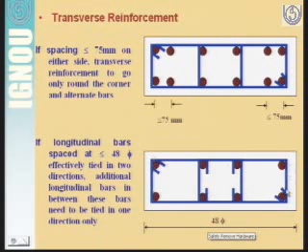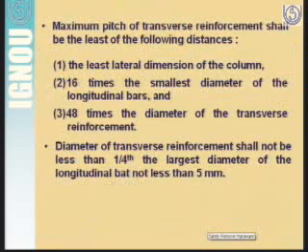Means these bars should be tied in two directions, whereas the additional bars should be tied in one direction only, as you can see here and here. So this is the specification about how we should provide the transverse reinforcement.